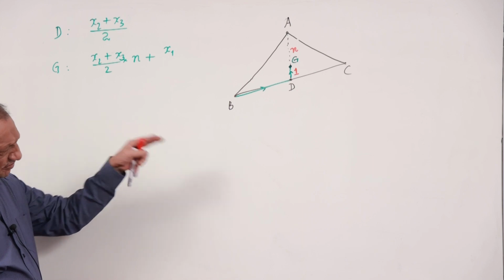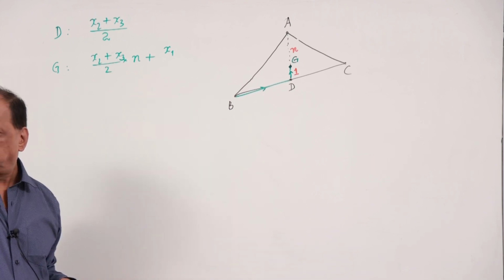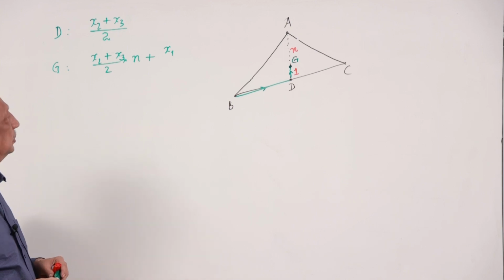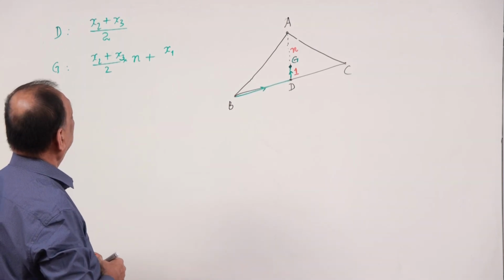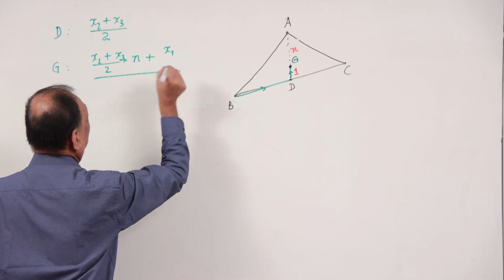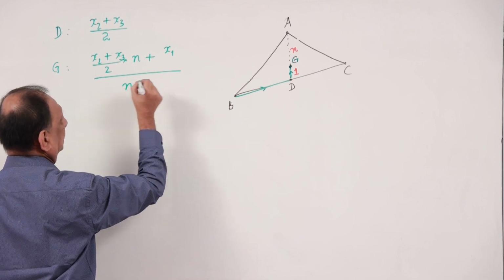Correct now? It's the same as what I wrote earlier. G is x2 plus x1. It's correct. Divided by n plus 1.